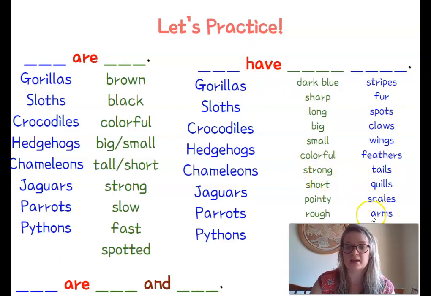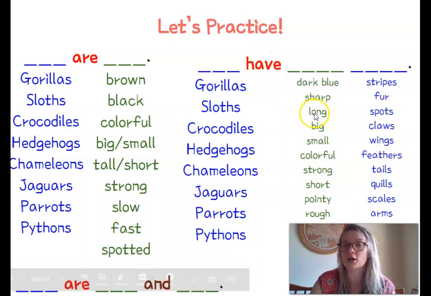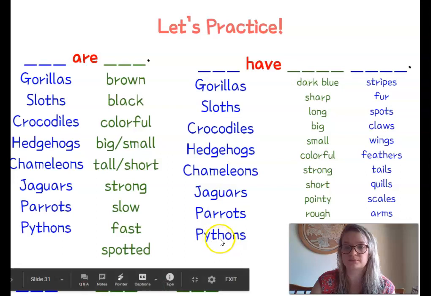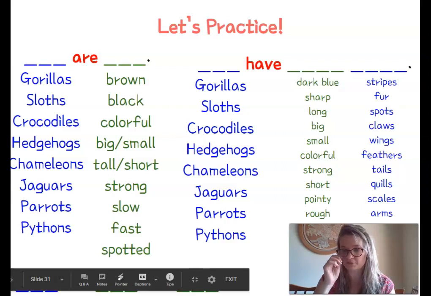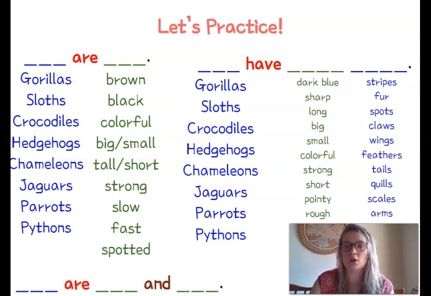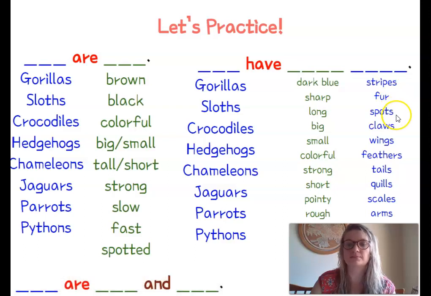I could say pythons have long bodies. Your turn. Notice bodies wasn't on the chart, but I'm using vocabulary from the lesson that I remember. We could say jaguars have black spots. Your turn.